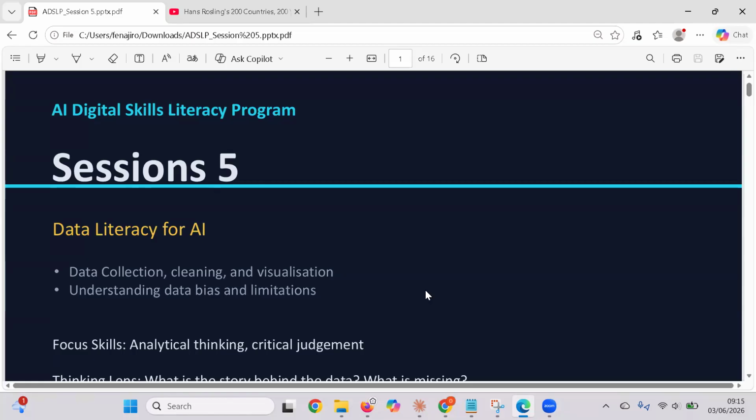Data literacy for AI, as far as this program is concerned, goes deeper than what we are doing in this course, in the sense that we are not writing code, but we are using it on the AI level.